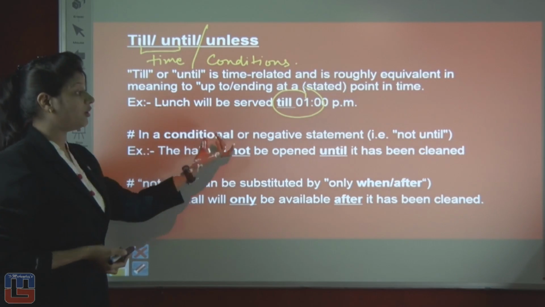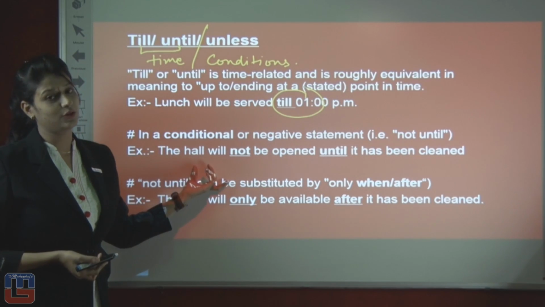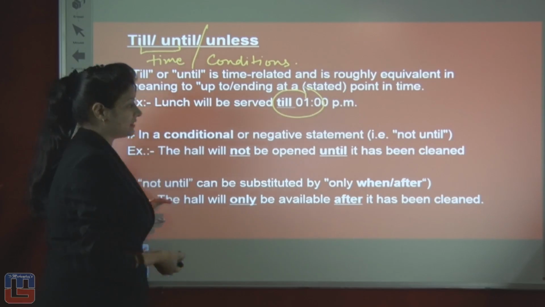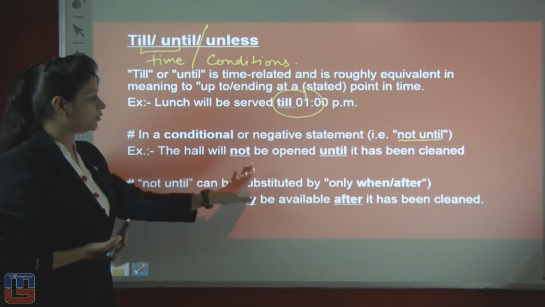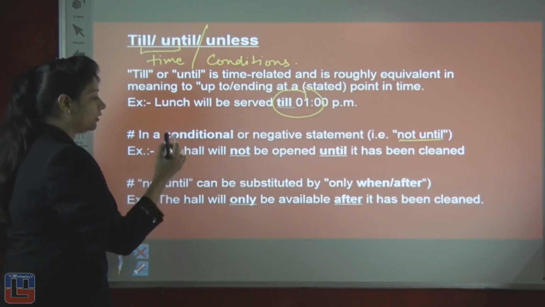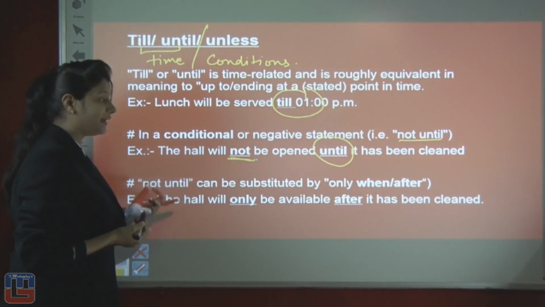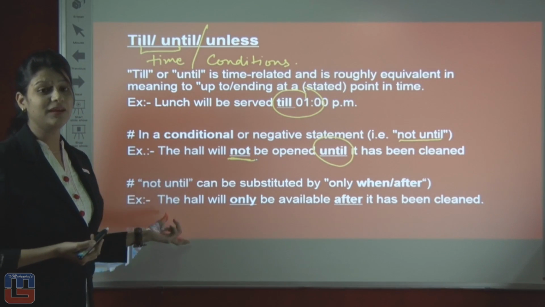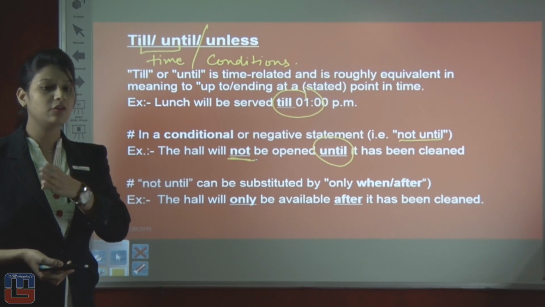In a condition or negative statement, now if you have a negative statement or condition with until, the example is related to not until. As you can see, the hall will not be opened until it has been cleared. Now I have used the word until in a negative condition, and this particular expression can be replaced or substituted by only and when or after.